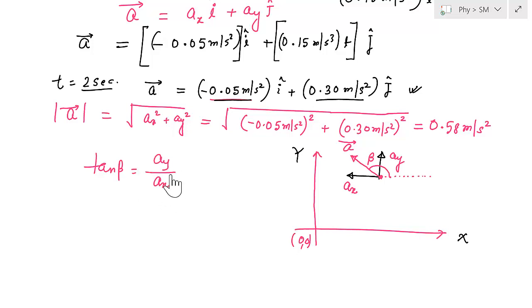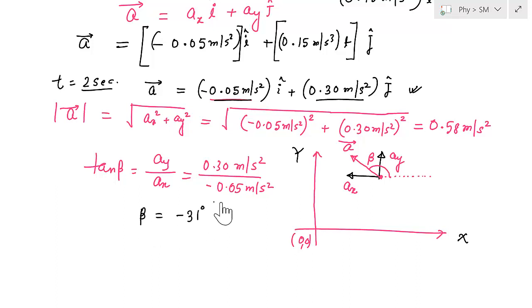This is very simple, you can basically prove this. For this problem, ay is 0.30 meter per second square and ax is negative 0.05 meter per second square. If you take tan inverse of this term, you will find beta is 31 degree, basically minus 31 degree.